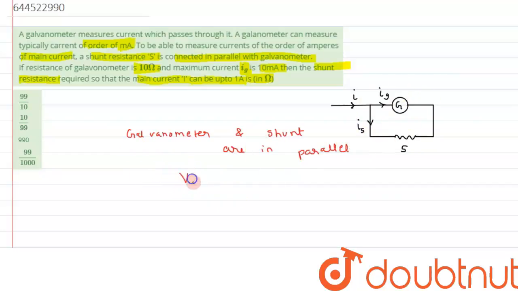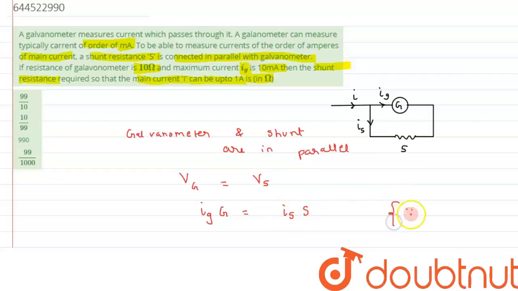So the potential difference across the galvanometer will be the same as the potential difference across the shunt. The potential difference across the galvanometer can be written as Ig into G, by Ohm's law, V equals I R, and for the shunt, the current through the shunt is Is, so it is Is into S.